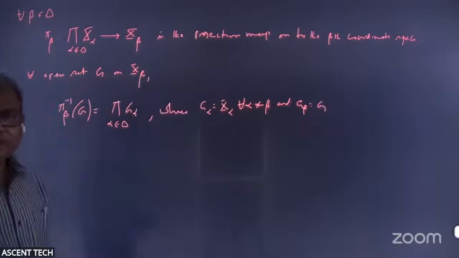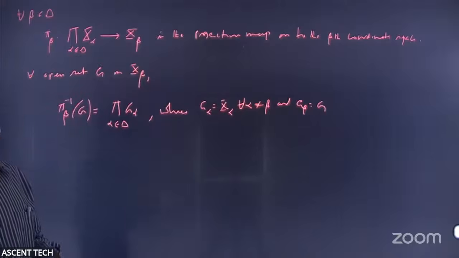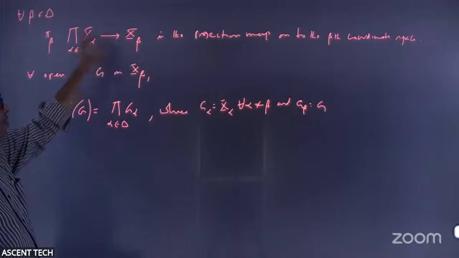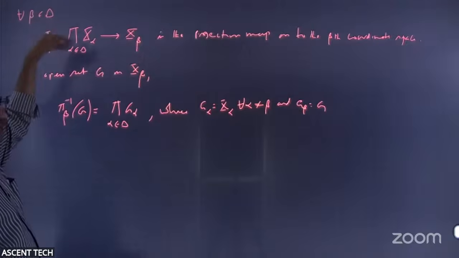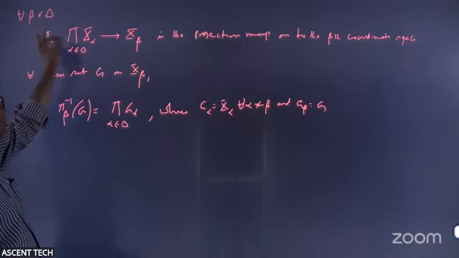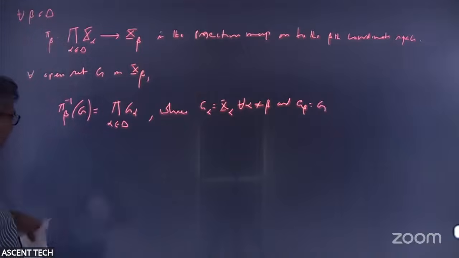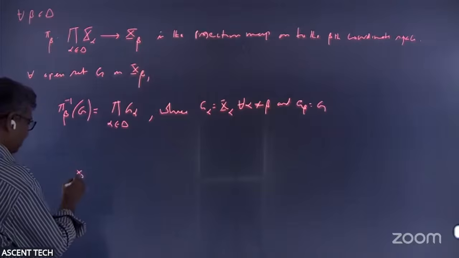Does that make sense? Is that clear? When you pull back the G beta component, all the other things are free. They can be anything. It's only the beta component going there. What are the other things? Everything. In this component, I have x beta.